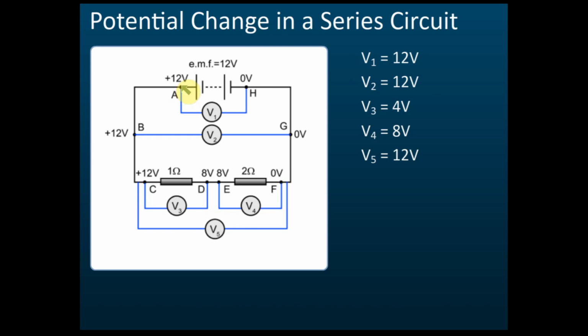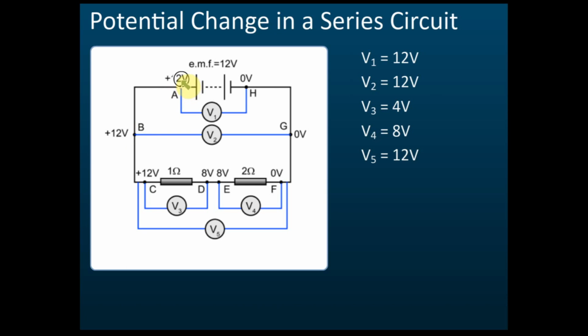If we move the charge from one place to another, and there's no resistance, then no work is done, and the potential will remain unchanged. For example, when the current moves from A to B, the potential will remain as positive 12 volt. Why? Because there's no resistance between A and B.